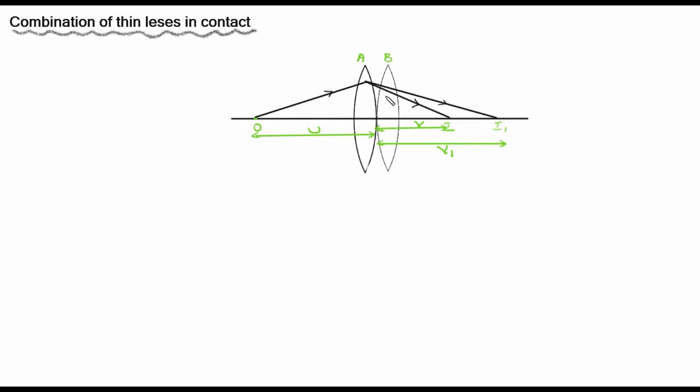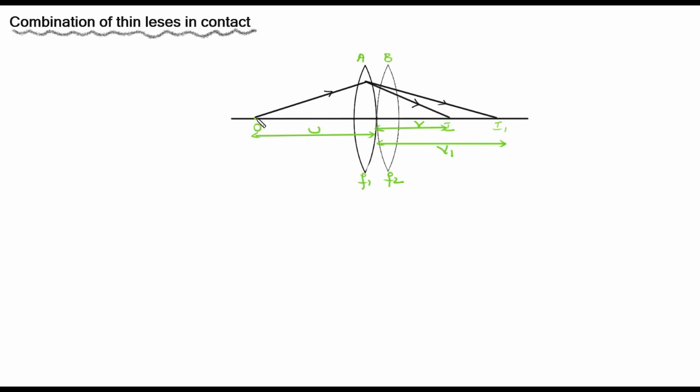Both the lenses have focal length values. Lens A has focal length f1, lens B has focal length f2. Okay, you have to write the consideration. So we have considered two thin lenses A and B in contact. Let a point object O be placed here.